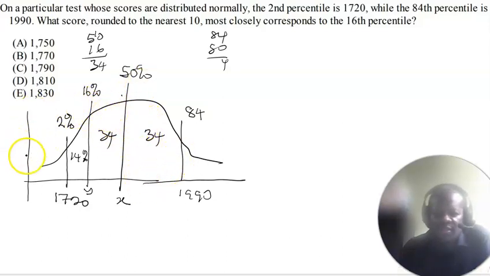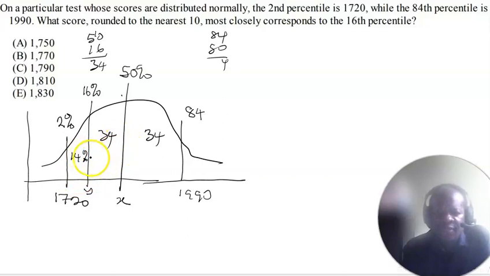Now, in a normal distribution curve, 34% of the scores are above or below the mean. So that means you have 34% that is one standard deviation above the mean, another 34% that is one standard deviation below the mean.